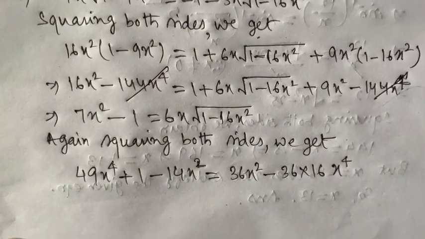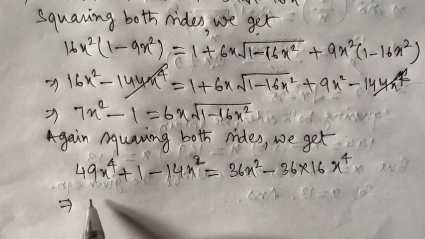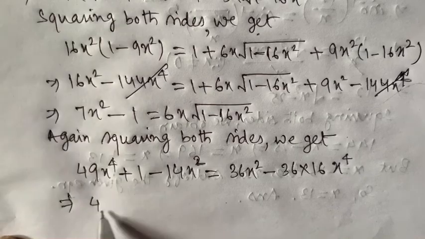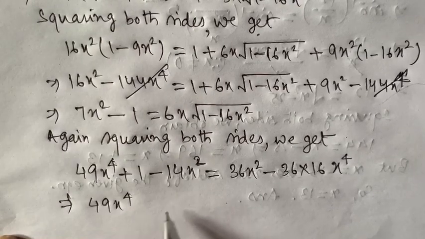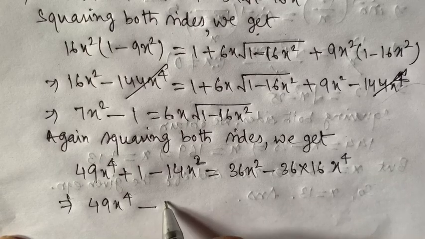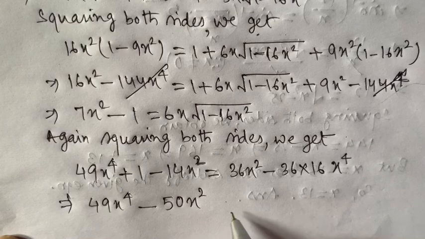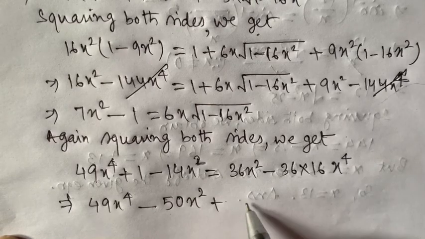And now we will simplify it. 49x power 4 minus 14x square minus 36x square will give us minus 50x square, and plus 1 is also there.